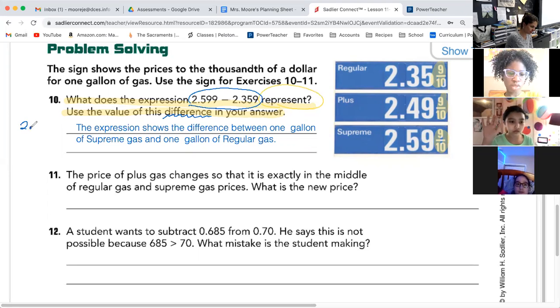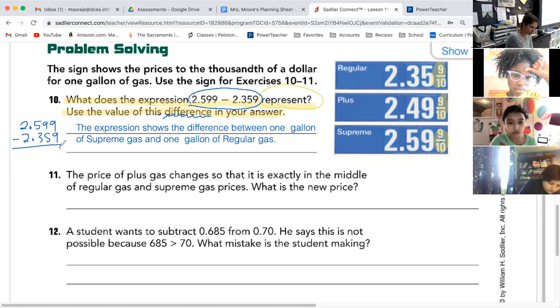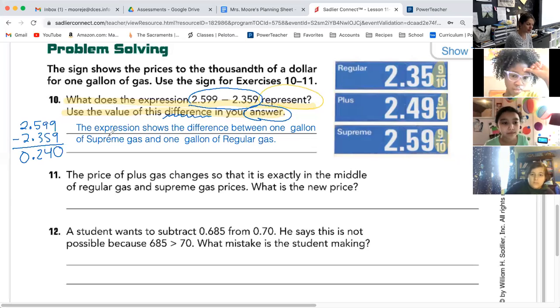Let's stack it up. We do the subtraction, regroup where needed. Yay, we didn't need to do any regrouping. So now we can go describe the answer with words. The difference is 0.24.